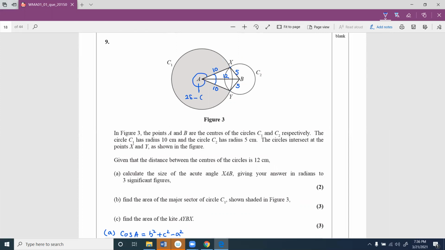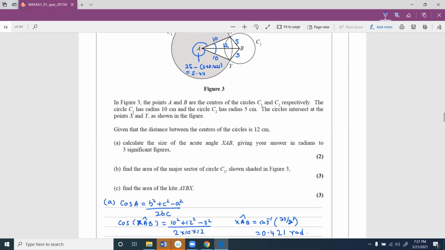So 2 pi minus 2 times 0.421 would be the angle for that. We'll work out what this angle would be. 2 pi minus 2 into 0.421, that is 5.44.